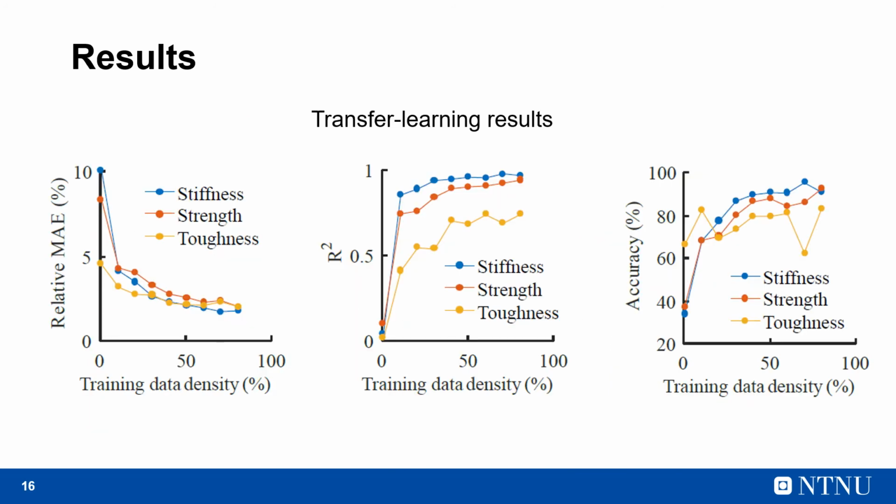And finally, these are the transfer learning results. You can see here that this time we have the three metrics in the y-axis, while in the x-axis we have the training data density, which is this time the new training examples from the larger design space that we have shown to the network pre-trained on the 10 by 10 design space.